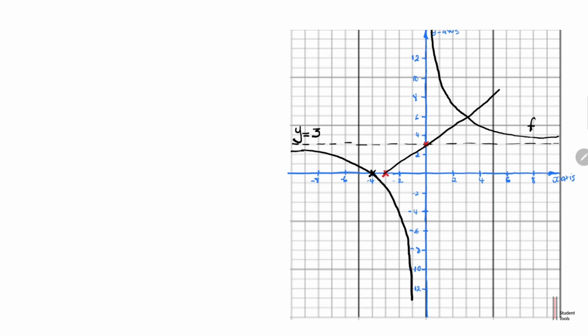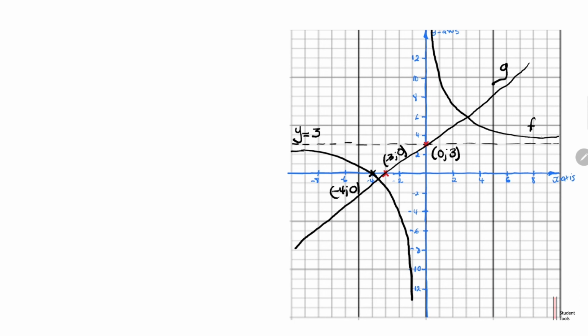You can use a ruler here because it's a straight line. Okay, and then you label this G. For the coordinates, this is (-3, 0). And then here we have (-4, 0). And then we have the y-intercept, which is (0, 3).